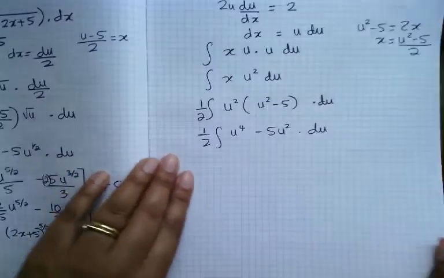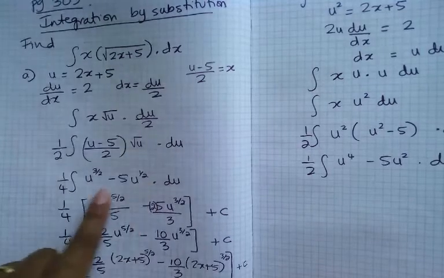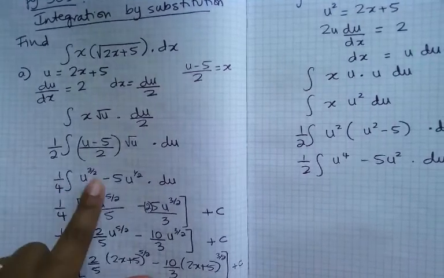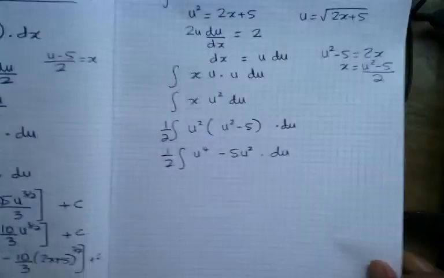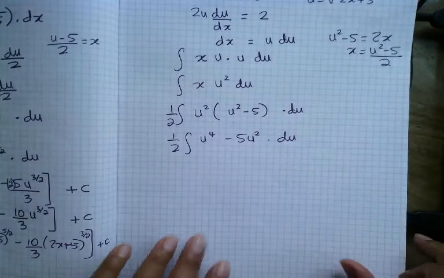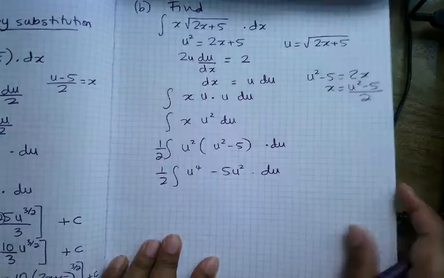As you can see now, this looks a little bit different to what you had before. This is what you had before, with these fractional powers, and now you've actually got powers as whole numbers. So that's one advantage of using this substitution rather than the other one.